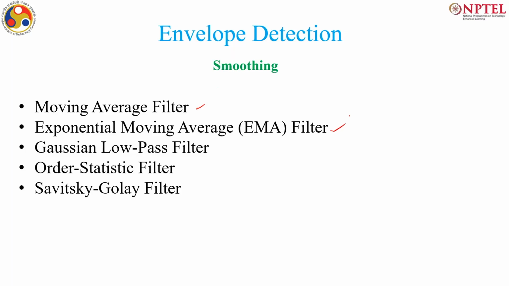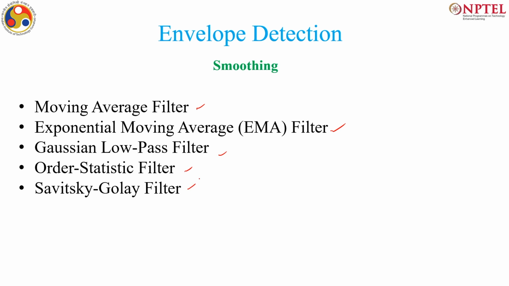So, here we will study three popular filters. First, linear filters. Linear means these have a kernel and you have to convolve these filters with the signal to find the smoothed version of the signal. Then order statistic filters, which are typically nonlinear filters, and they rely on order statistics like ascending order or descending order of the signal or window of the signal. And then another popular filter, which is the Savitzky-Golay filter.